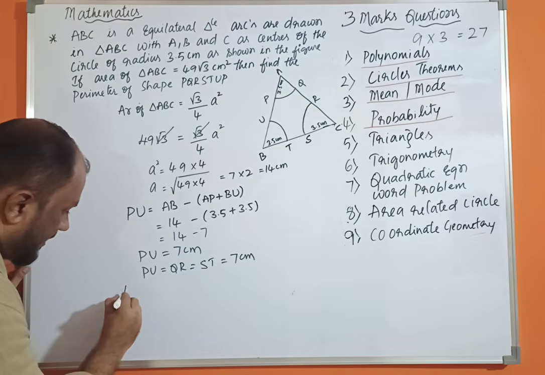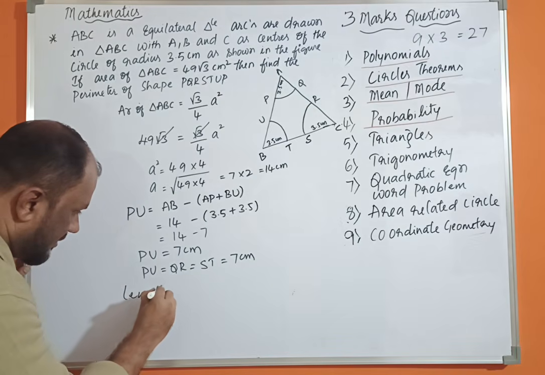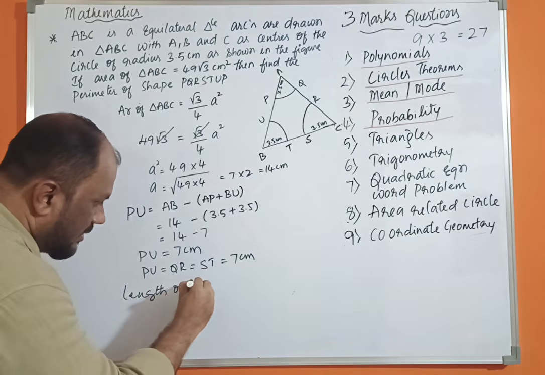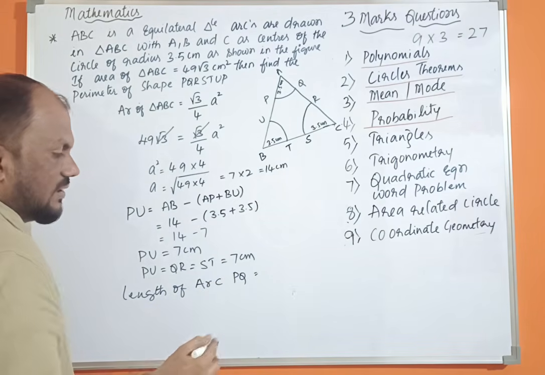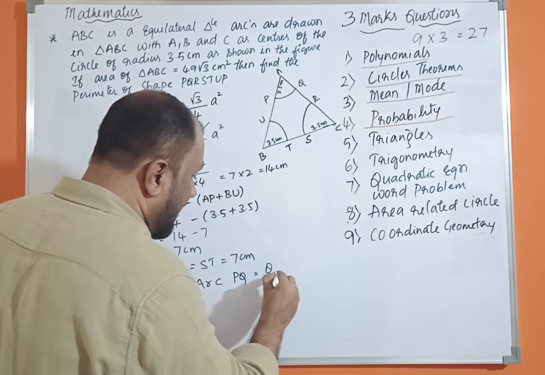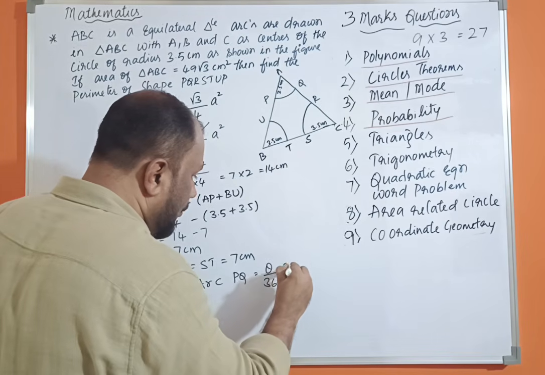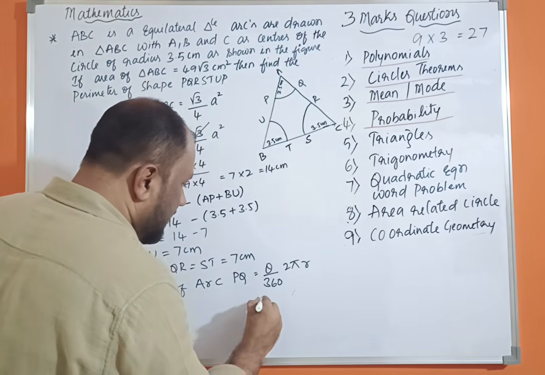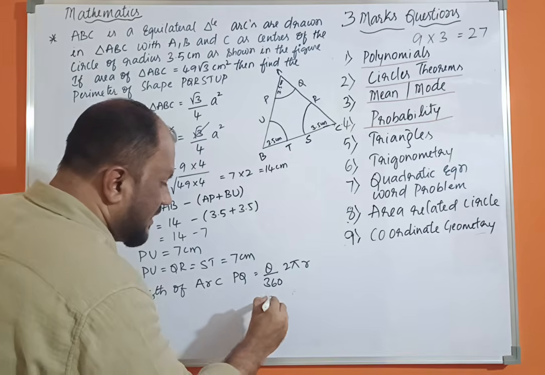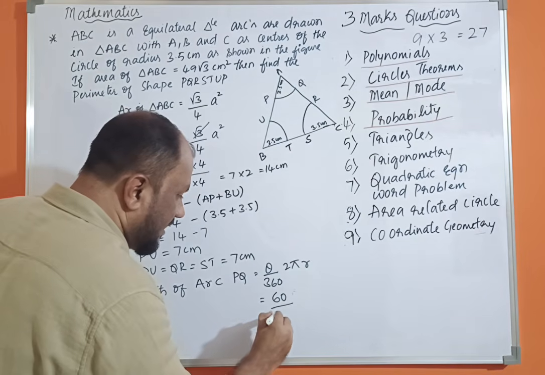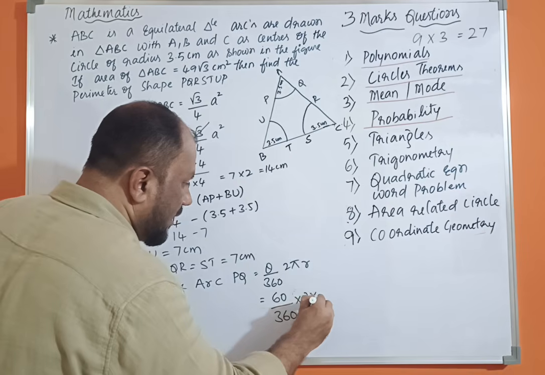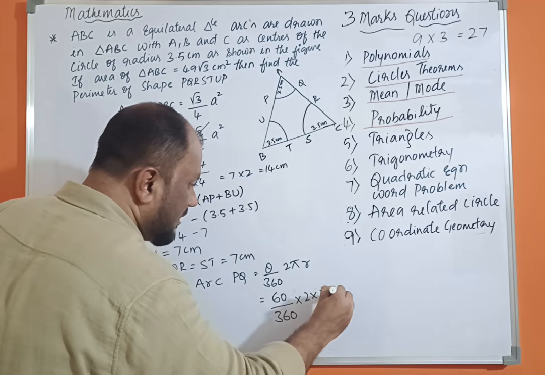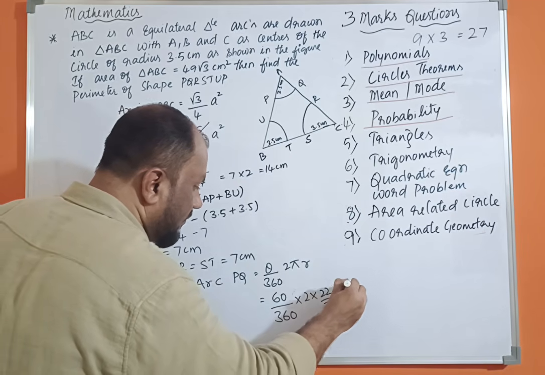Now you need to find out the length of arc PQ. Length of arc PQ is equal to theta by 360 into 2 pi r. Since this is an equilateral triangle, every angle is 60 degrees. Theta value is 60 divided by 360 into 2 into 22 by 7 into r, which is 3.5.